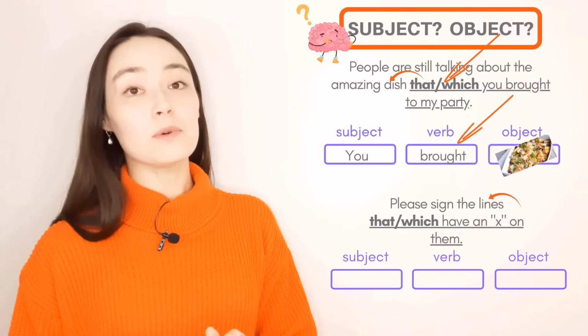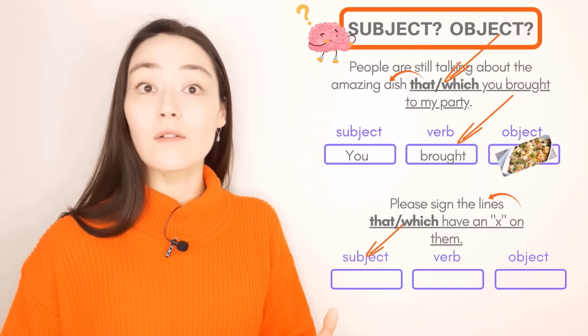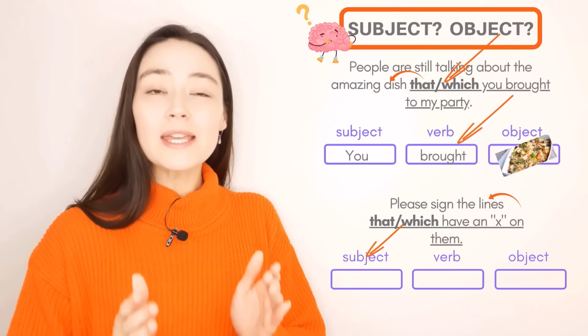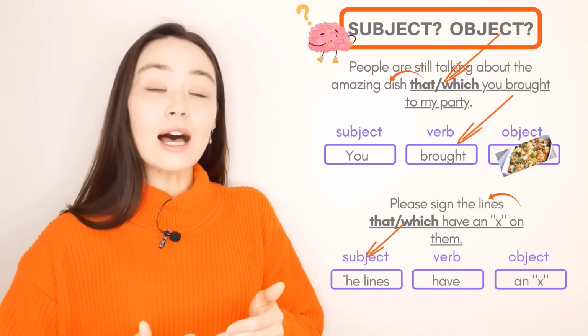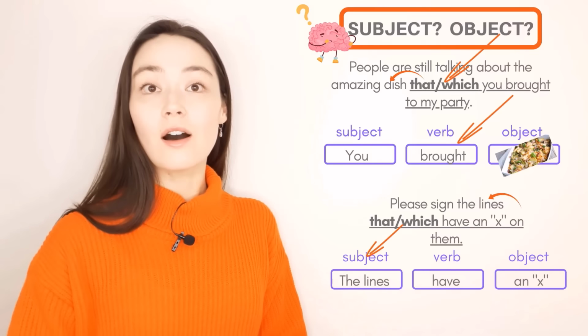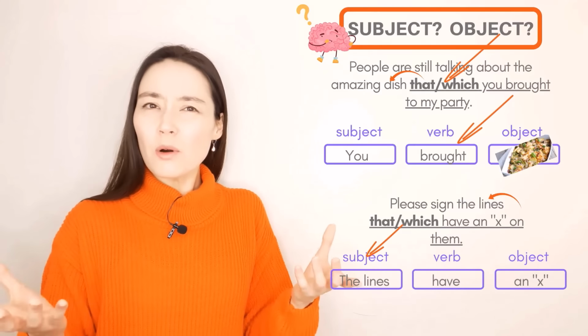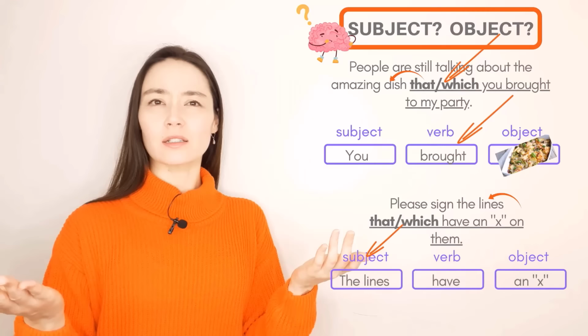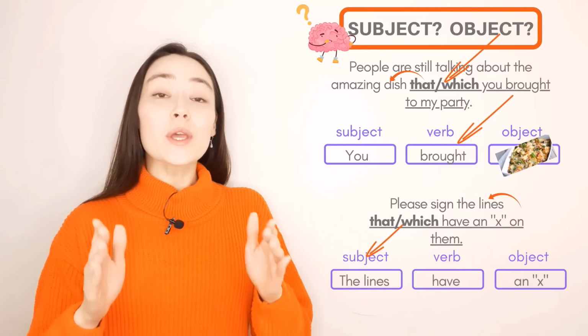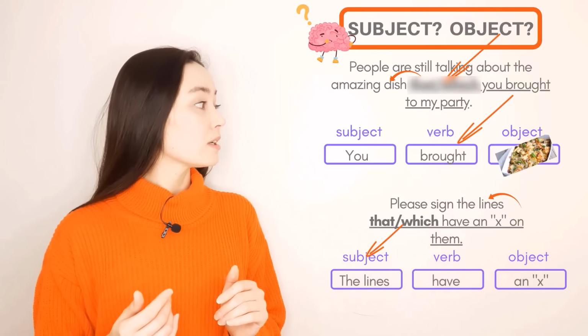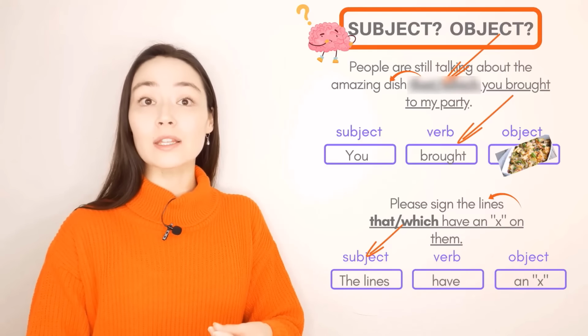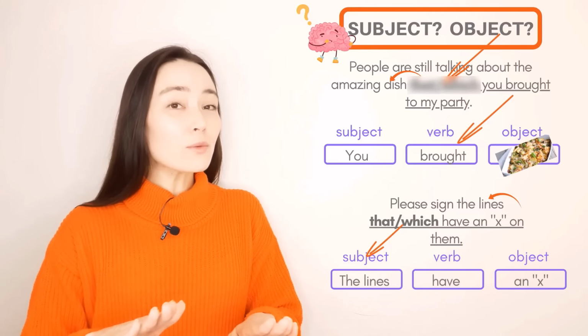In my second example, it's the subject of the clause. My verb is have. The lines have an X on them. Why is this important? Subject, object. Because we can remove the relative pronoun if it's the object of the relative clause. We can't remove the subject.